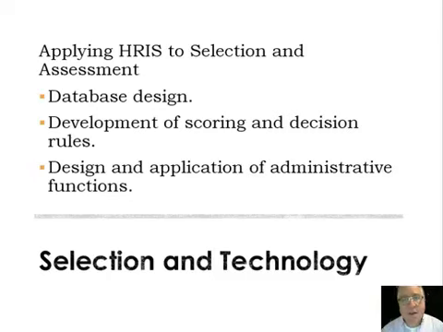But in general, when we rely on strict judgment for combining different parts of the hiring decision, we tend to have worse decisions than if we have a more systematic approach that's backed up by data.